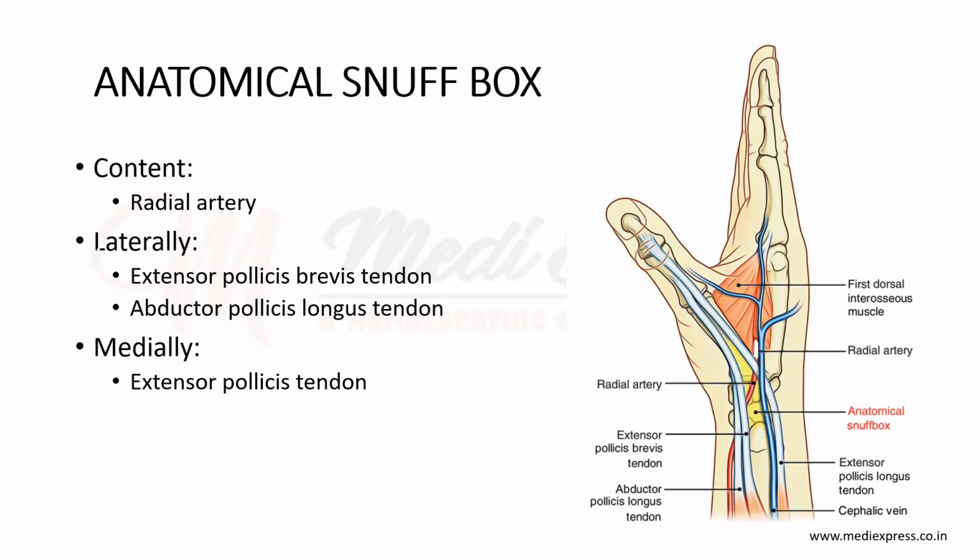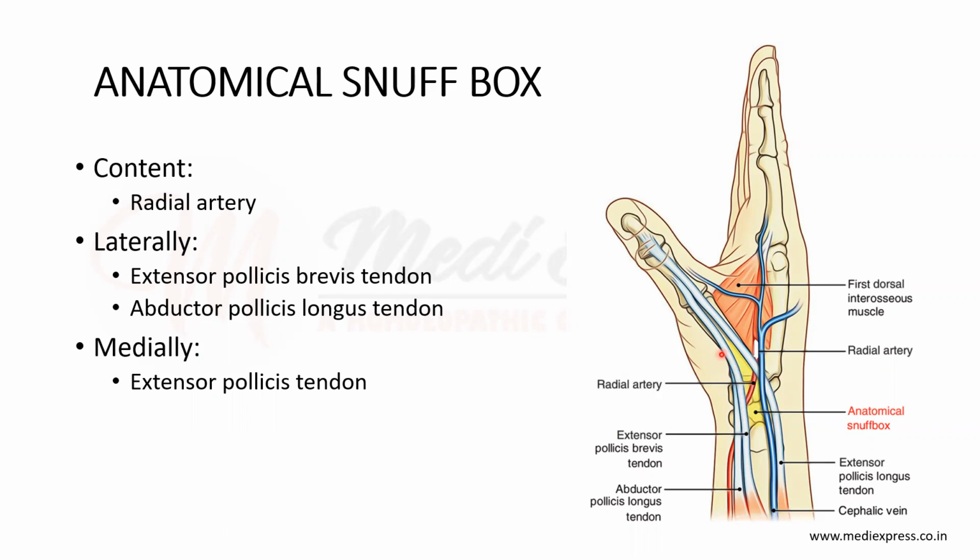Okay, now laterally what are present? We have an extensor pollicis brevis tendon. We have an abductor pollicis longus tendon. So what and all we have? We have an extensor pollicis brevis tendon, as well as we have an abductor pollicis longus tendon. Okay, you can see in the picture itself.